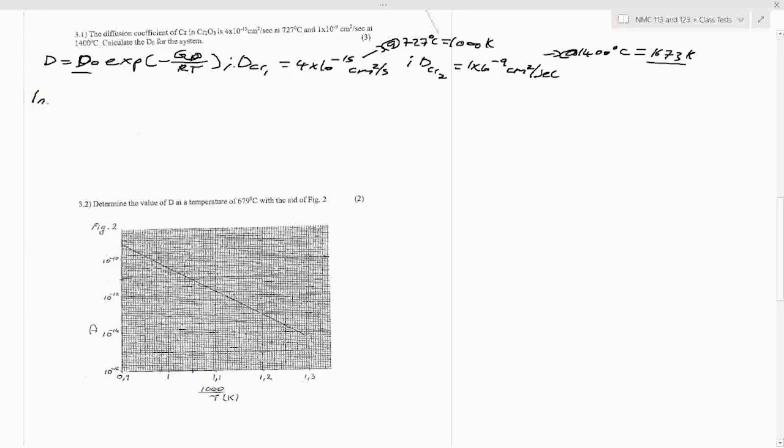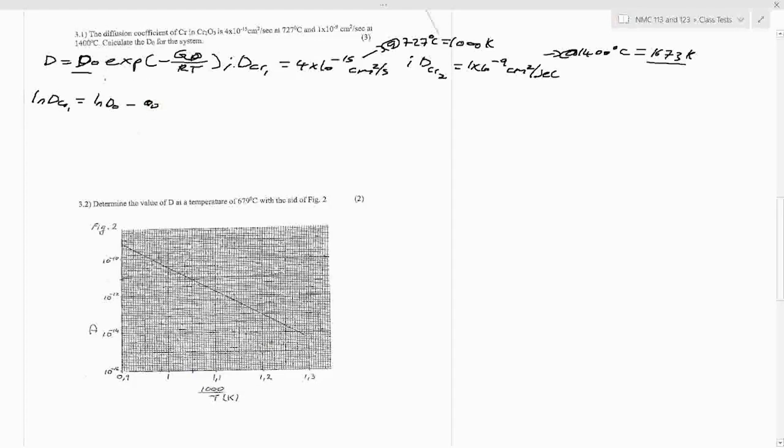We'll have ln DCR1 equals ln D0 minus QD over RT1.